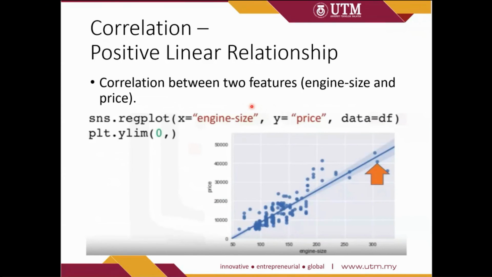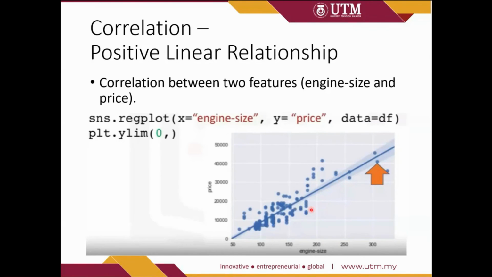Now, let's look at the correlation between engine size and price. This time, we'll visualize these two variables using a scatter plot and an added linear line called the regression line here, which indicates the relationship between the two. The main goal of this plot is to see whether the engine size has any impact on the price.